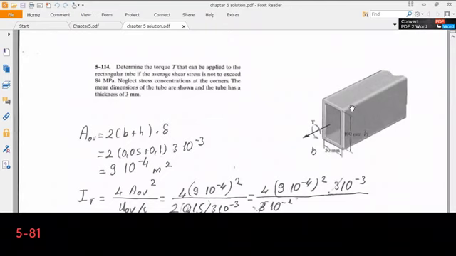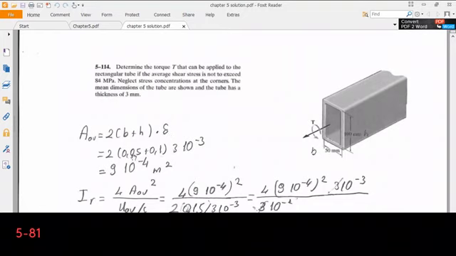It has a height of 100 millimeters and a width of 50 millimeters.